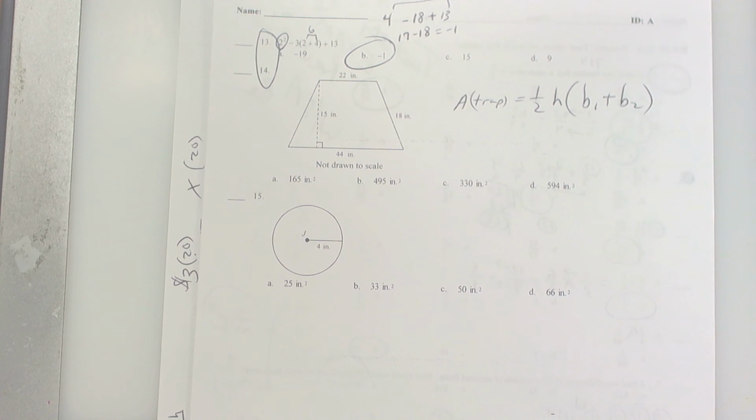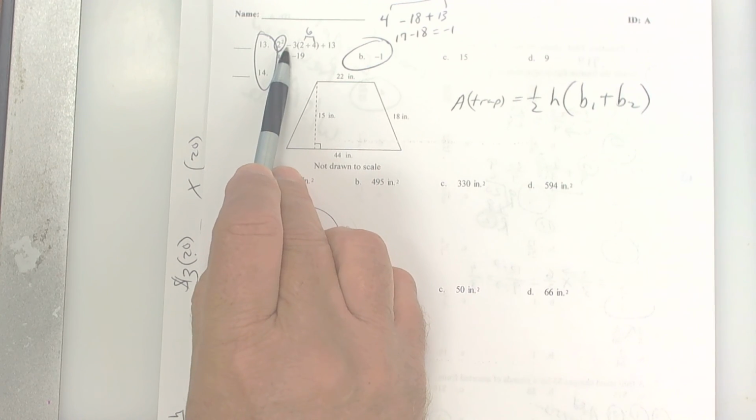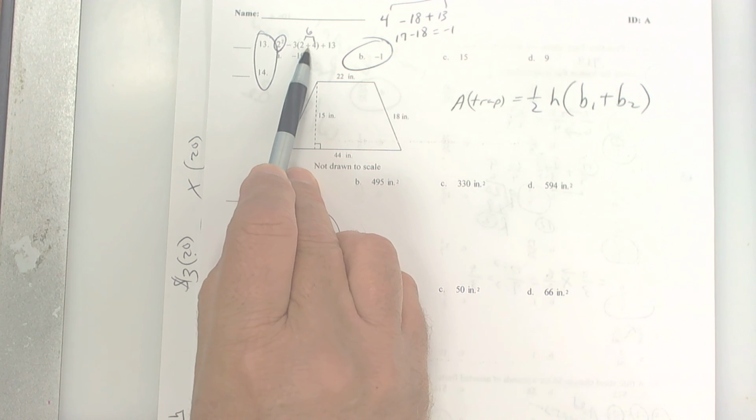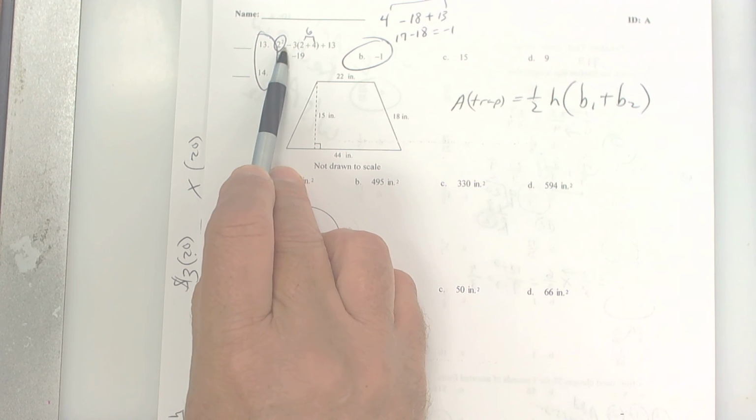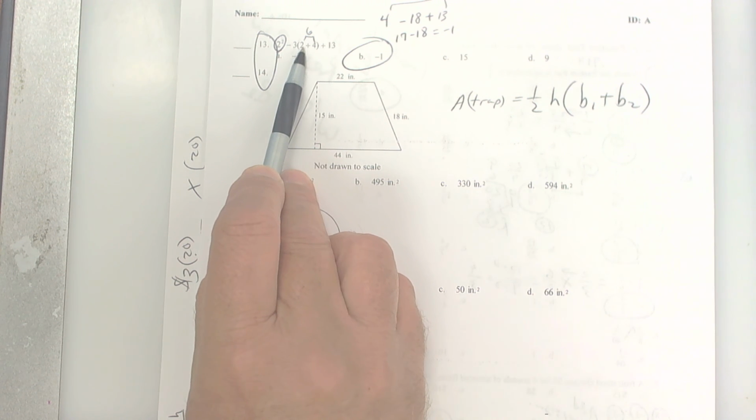Well, I got setting up and everything, but I wrote it down as 4 times negative 18, in parentheses plus 13. Oh, you didn't put minus. You see it's 4 minus whatever this is. It's not times. It's whatever this is minus whatever that is. Okay? Is there any other questions?